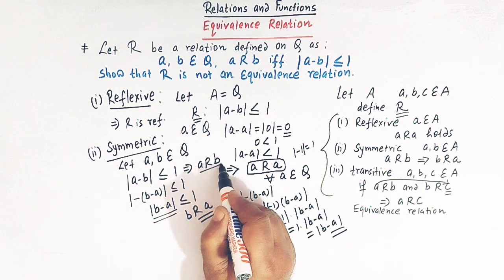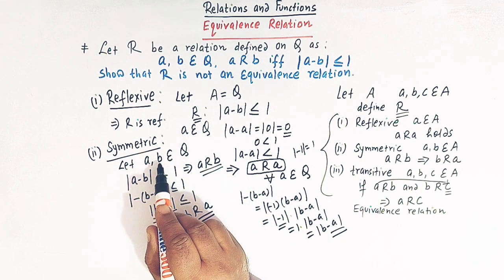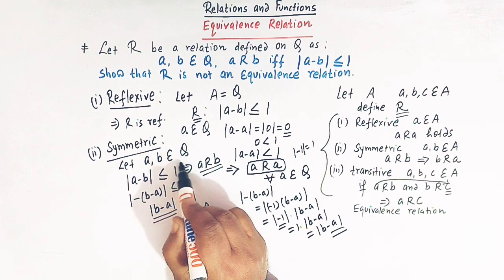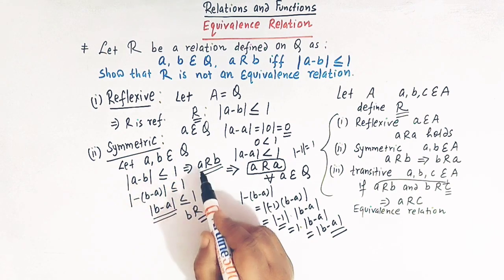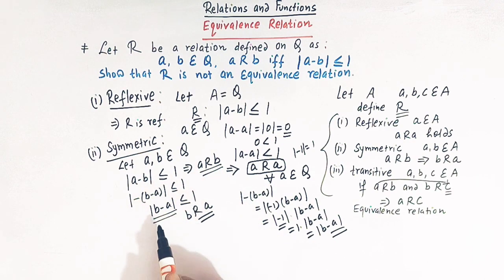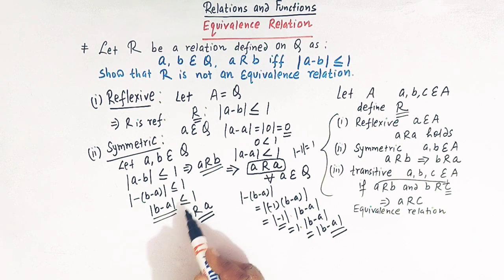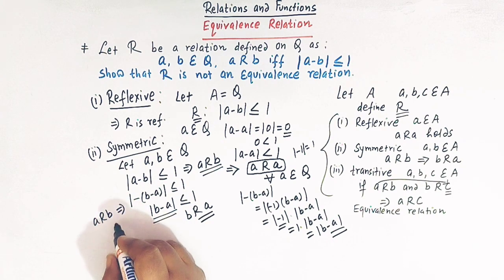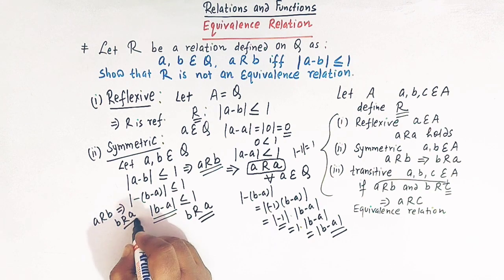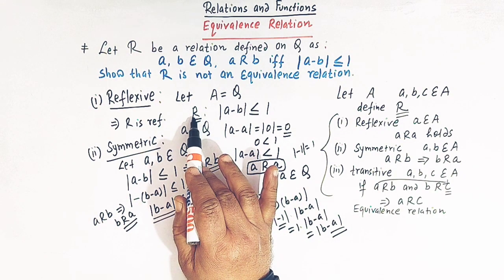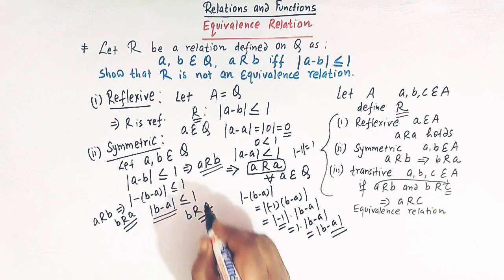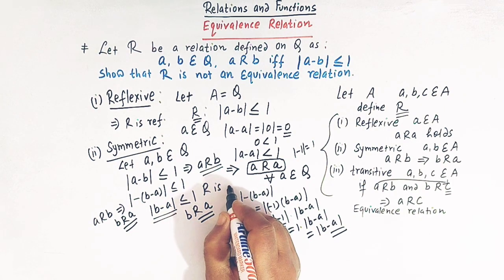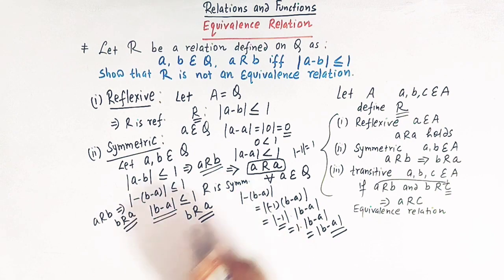So we have obtained that when A and B belong to the set of rational numbers Q, then A is related to B, and we have also obtained mod of B minus A less than or equal to 1. So it implies that B is related to A, right? So we have seen that A related to B implies that B related to A, which suggests that this relation R is symmetric, right? So R is a symmetric relation, right?